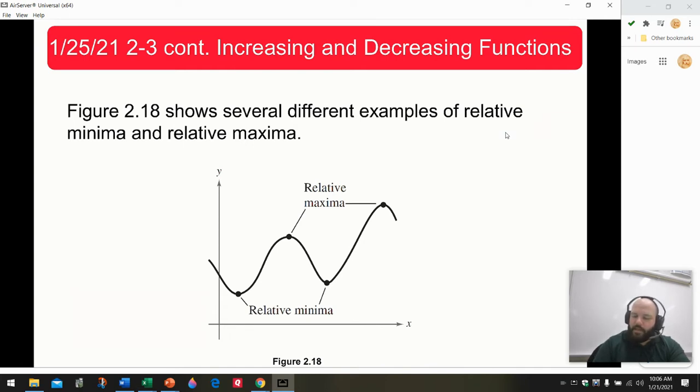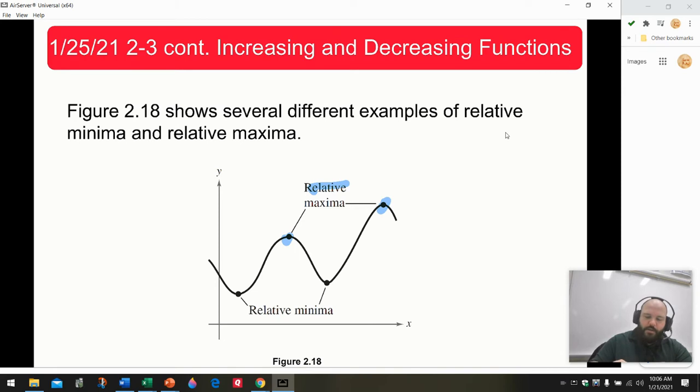So in the case of a maximum, you can see here we have a relative maximum, and it happens at the top of these graphs, right there and right there, for instance. And so you can see that the surrounding points are less than the graph that you see.